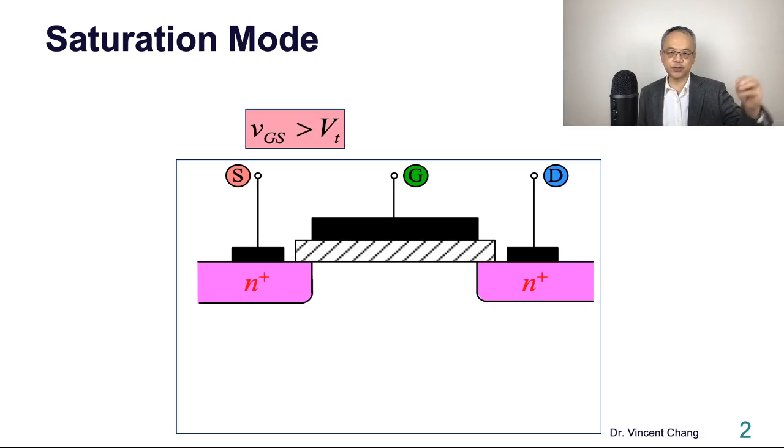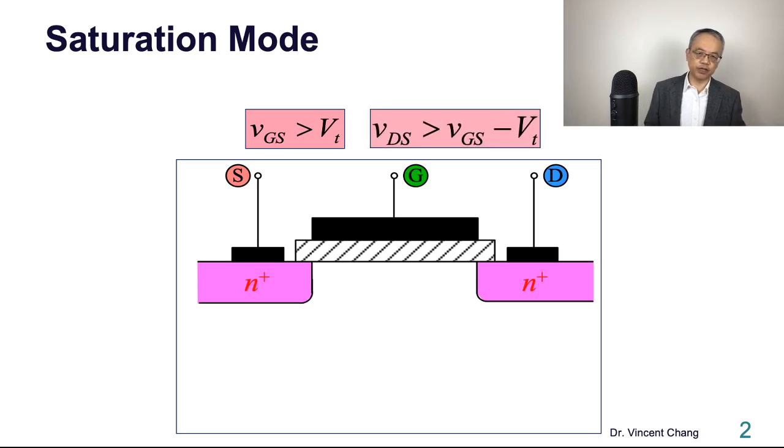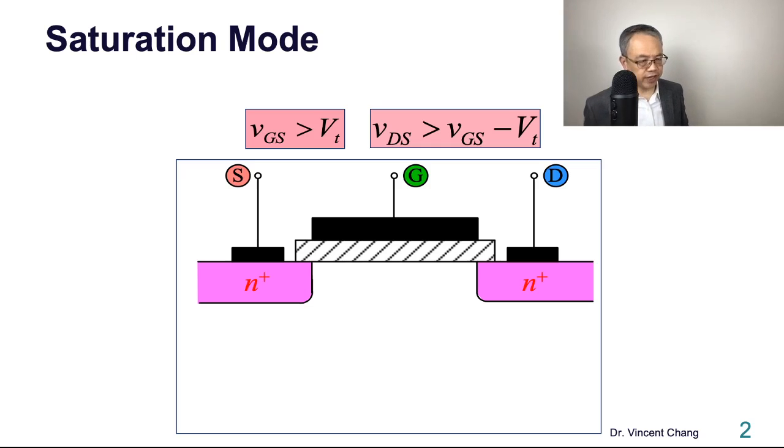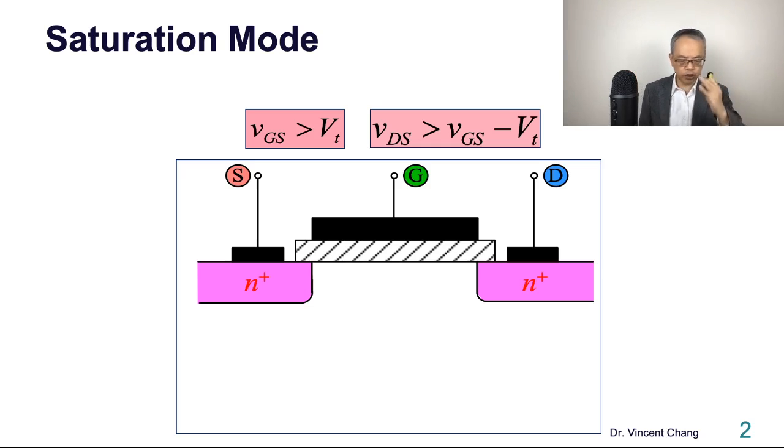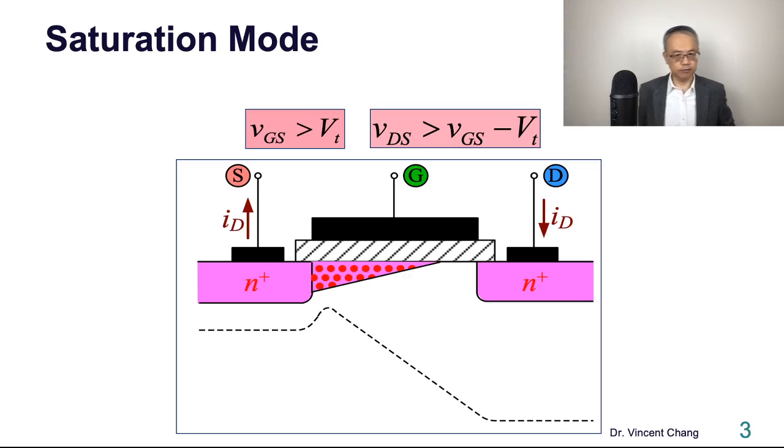This is the first constraint. The second one is that it's beyond the pinch-off point, so VDS, the drain to source voltage, has to surpass the overdrive. VDS is larger than the overdrive, VGS minus VT.